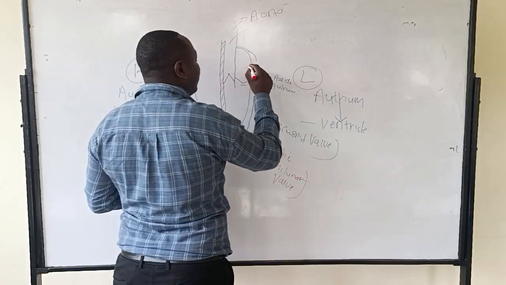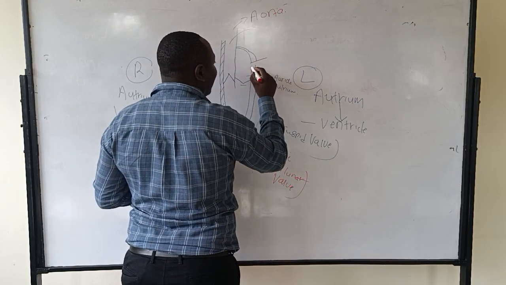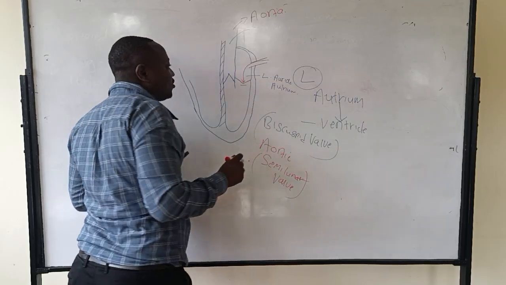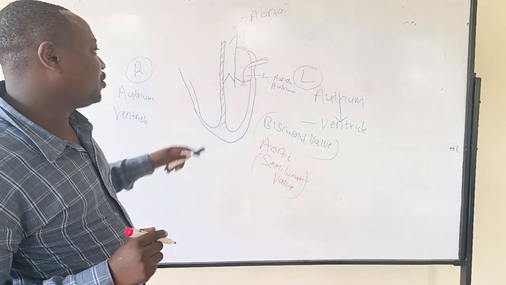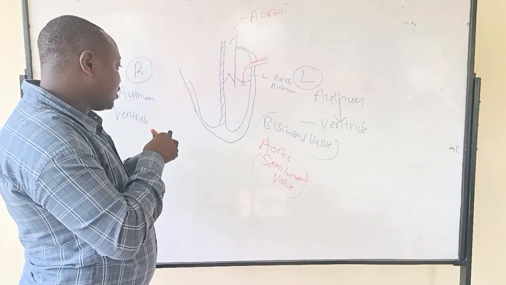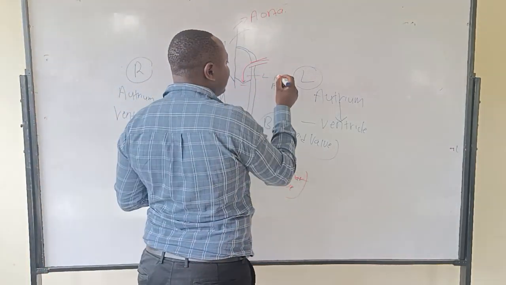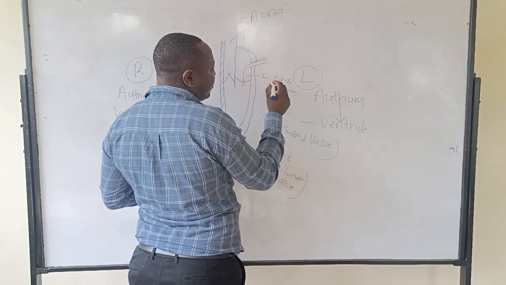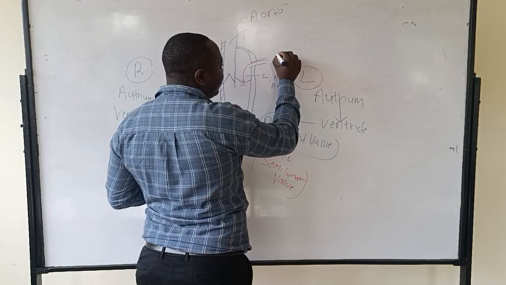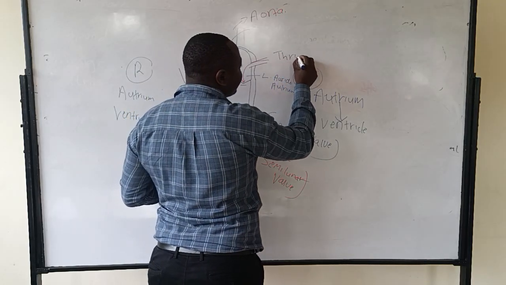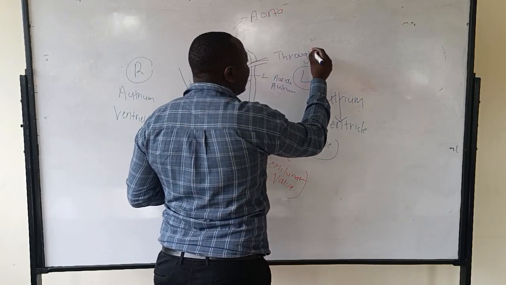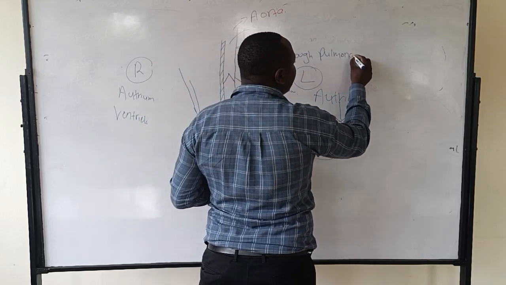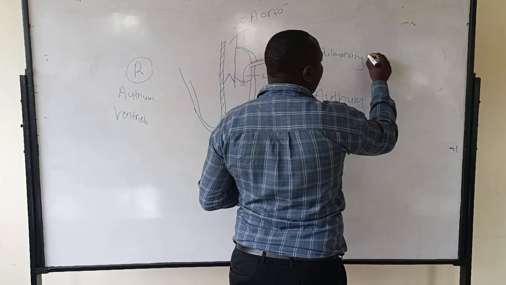This is where the blood will come into. The reason I have used red is that it's usually oxygenated blood. This blood will get to the heart, through to the left ventricle, through the pulmonary vein.